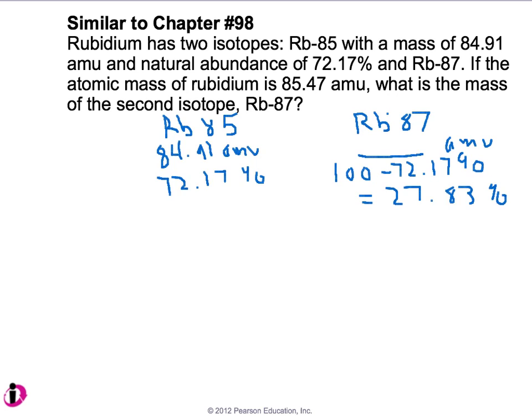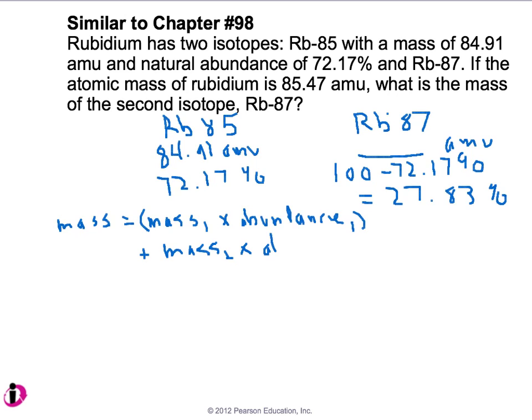So let me jot it down again. It says that the mass of an atom is the mass of the first isotope times its abundance plus the mass of the second isotope times its abundance. All right, let's see what we can put in here.